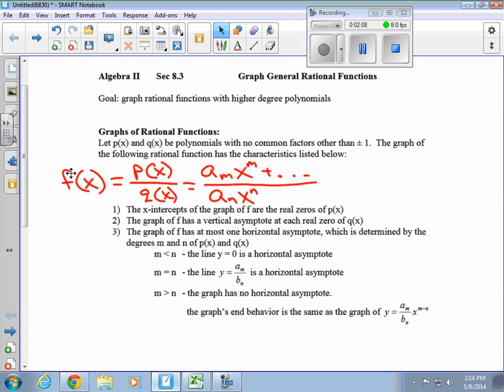Good. Step 2 says the graph of f has a vertical asymptote at each real 0 of Q of x. What does that mean?